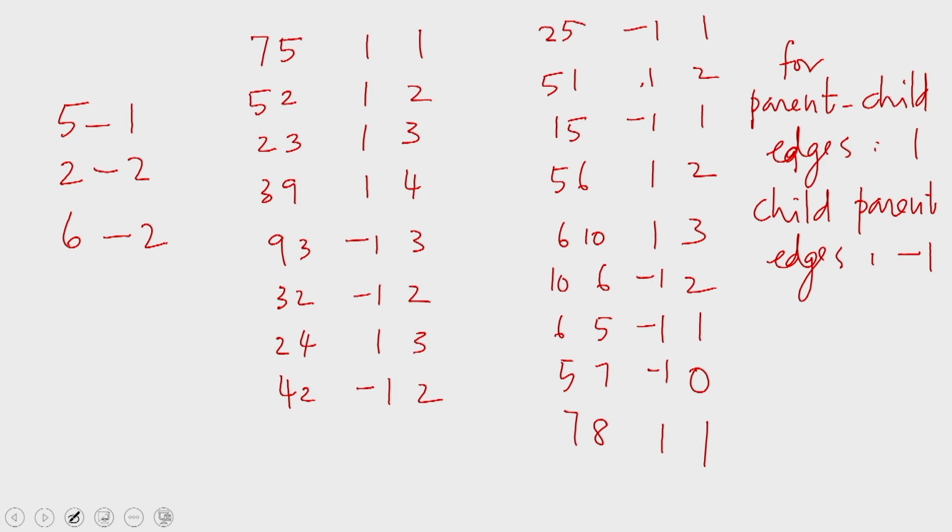So, once again, to summarize, to find the levels, first we have to root the tree. Once the tree is rooted, we take the same Euler circuit with one edge deleted, but now we initialize the weights differently. For every parent child edge we assign a rank of 1 and for every child parent edge we assign a rank of -1.